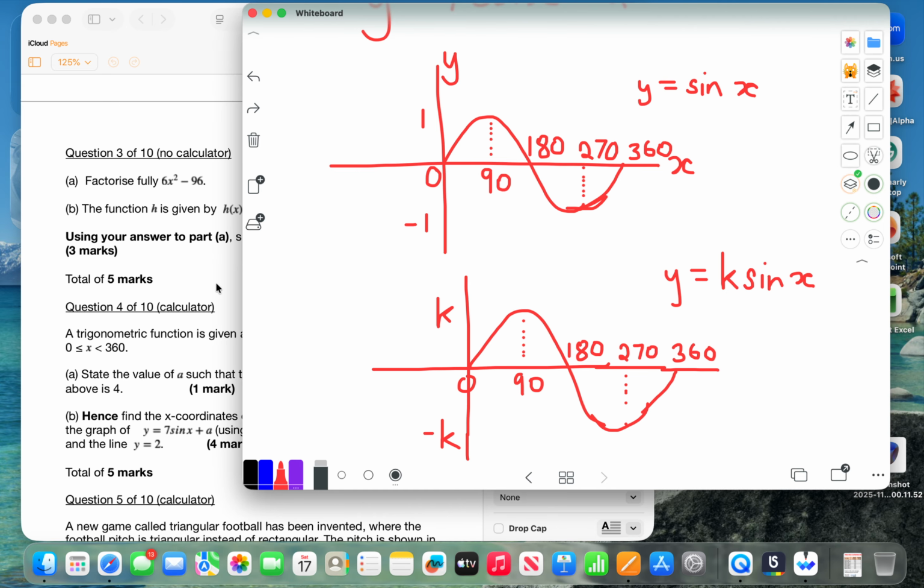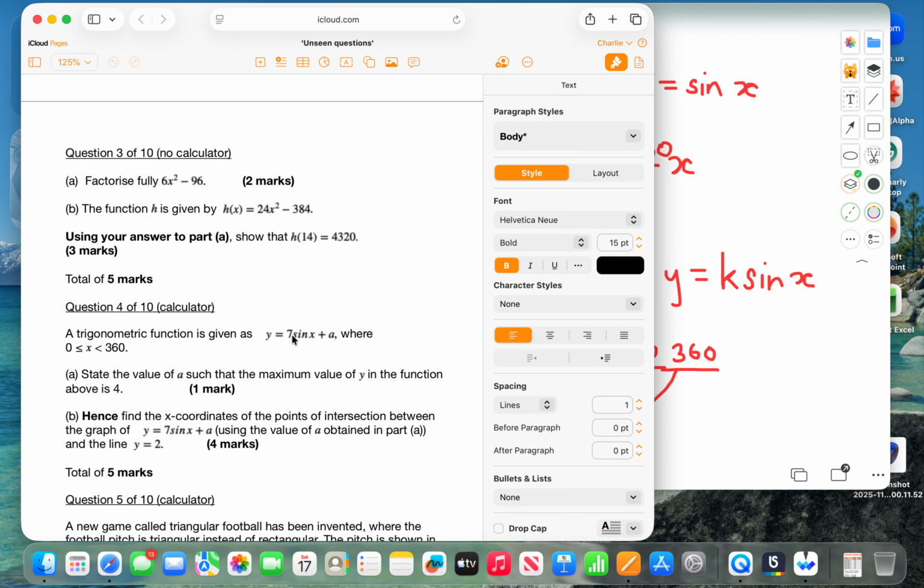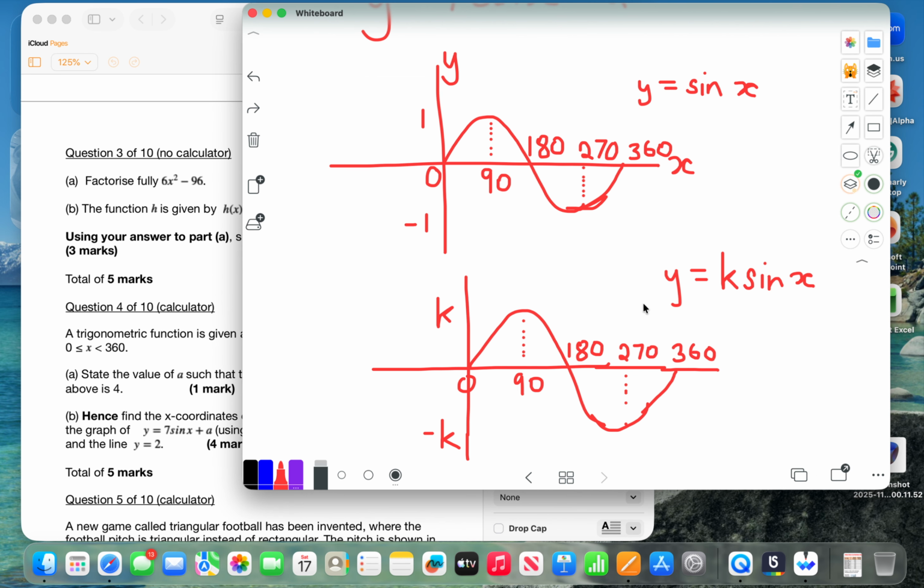But suppose we have y equals 7 sine of x. We'll leave out the plus a bit and we'll change k, not x. K is 7. So we can replace the k here.